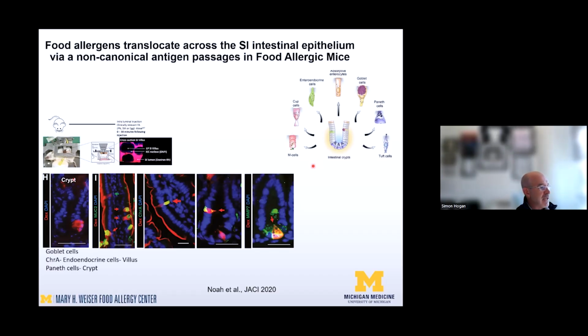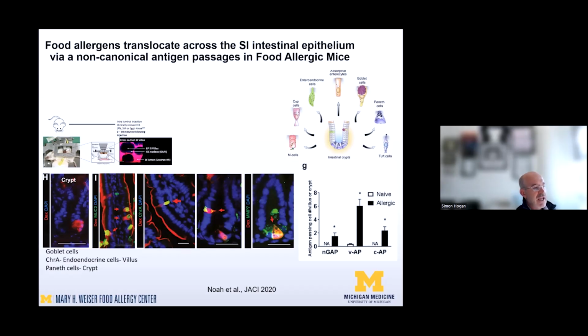We were able to demonstrate that not only goblet cells contribute, but enteroendocrine cells and Paneth cells are also now contributing to the antigen passages. And the spatial regulation changed because we could now see it in the crypt epithelium as well.